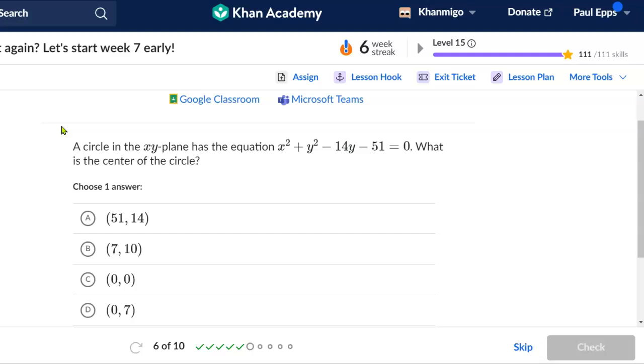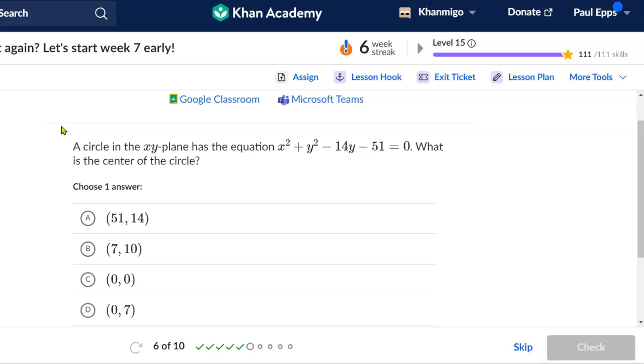Typical equation for a circle is x minus h squared plus y minus k squared equals r squared. R is the radius, h and k are the xy coordinates of the center. We don't care about the radius. There is no other x term, so really it would be like x minus 0.